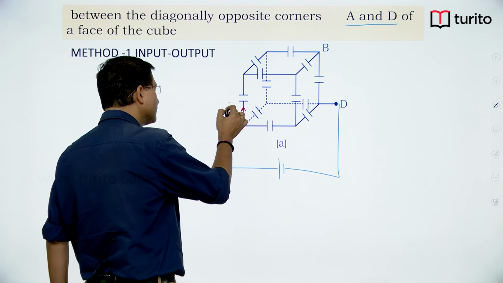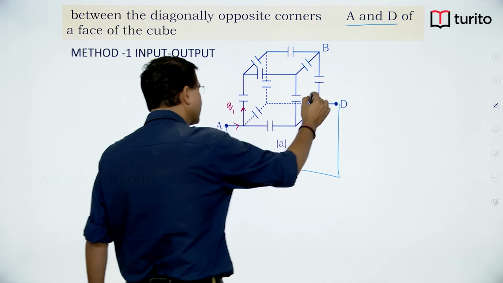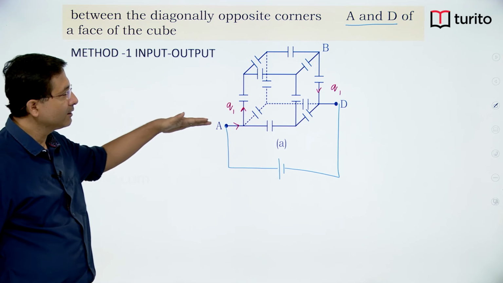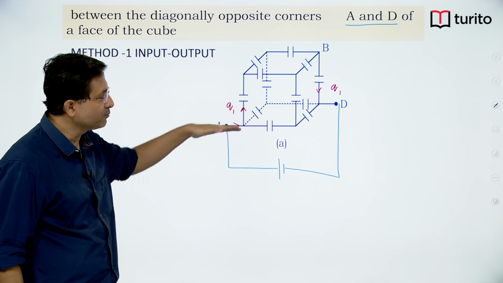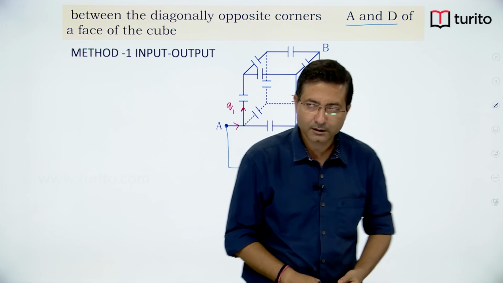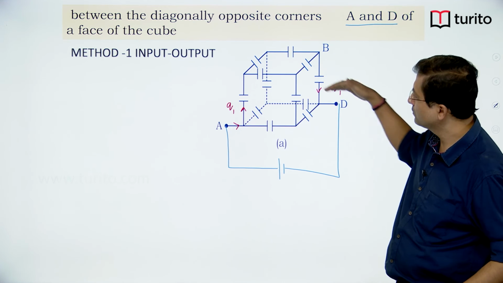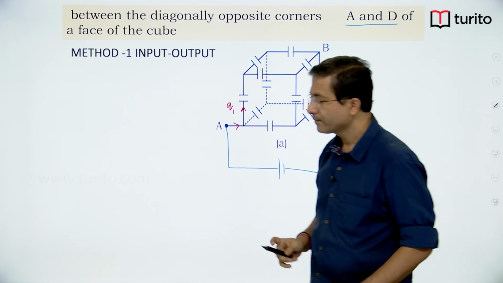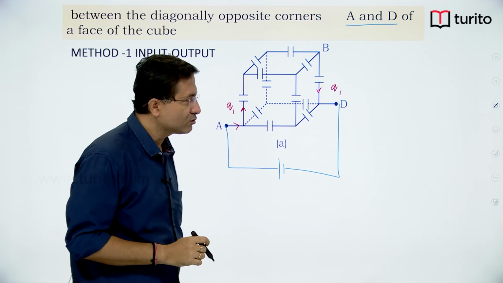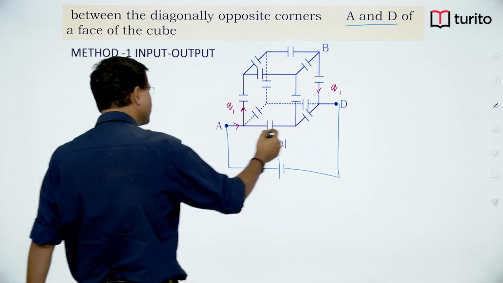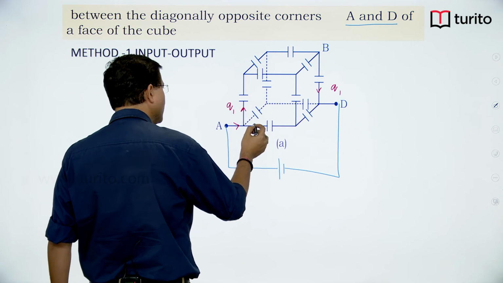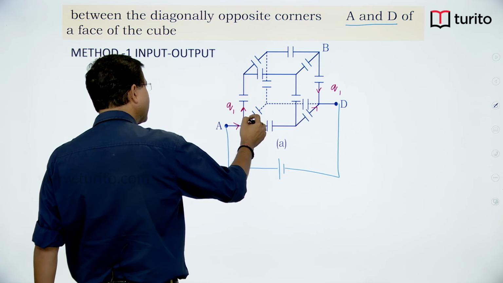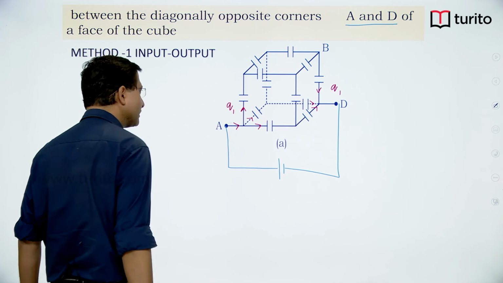Whatever is given to this one, Q1, is given by this one, Q1. Whatever is this branch for this as input, the same will be this branch when this is input, right. So, symmetric. And then look at these two paths. This will be equal to this one and this will be equal to this one, right.